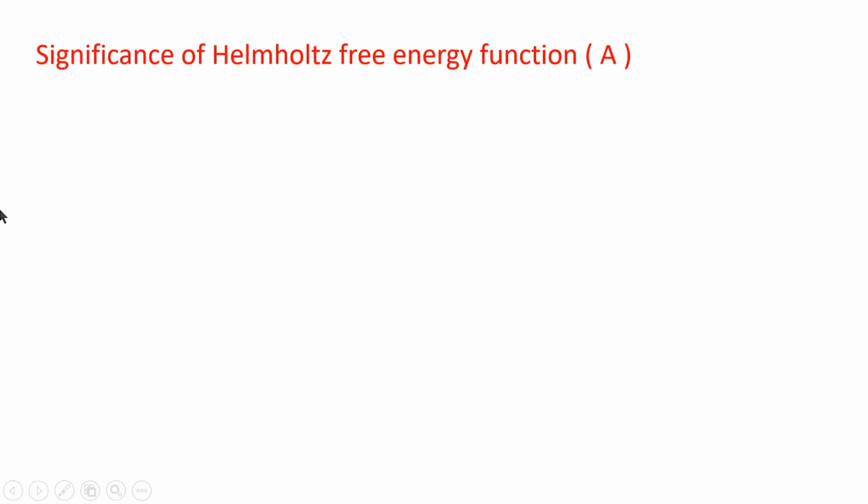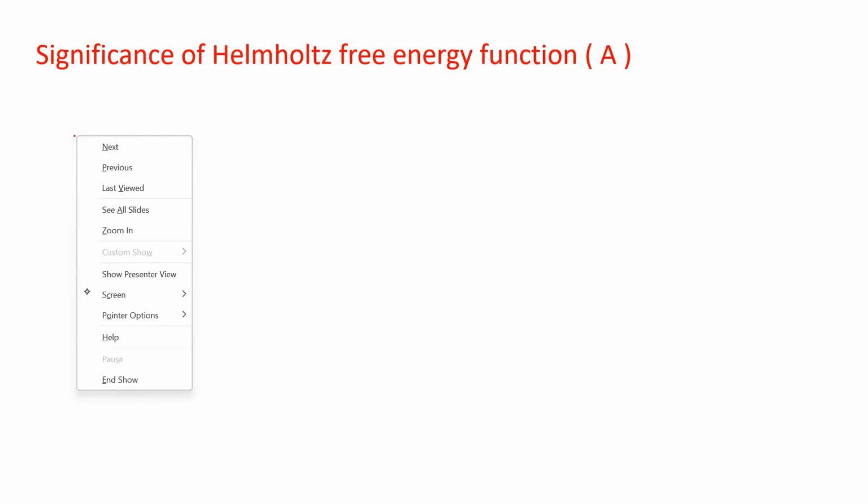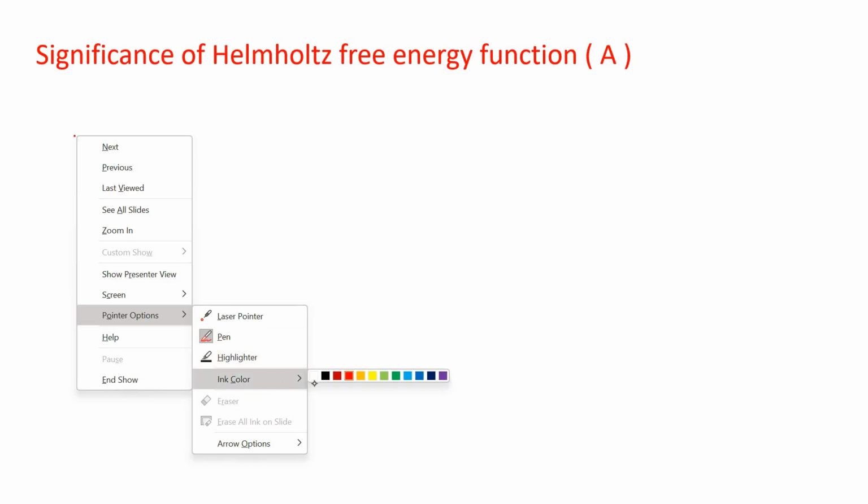So first one is the significance of Helmholtz free energy function, which is denoted by A. First we'll derive and then we'll describe the significance.